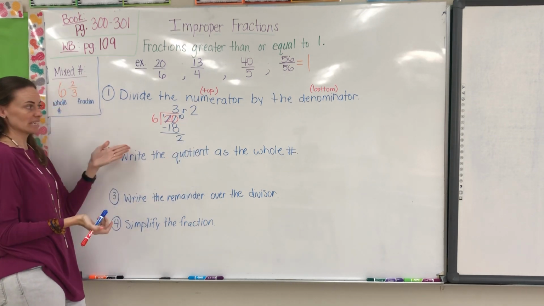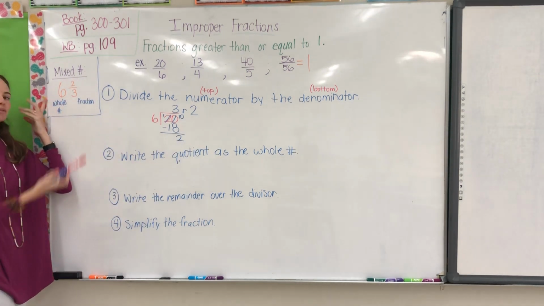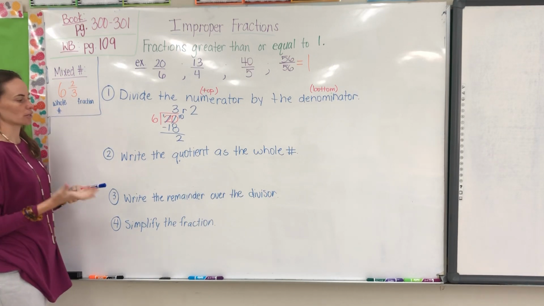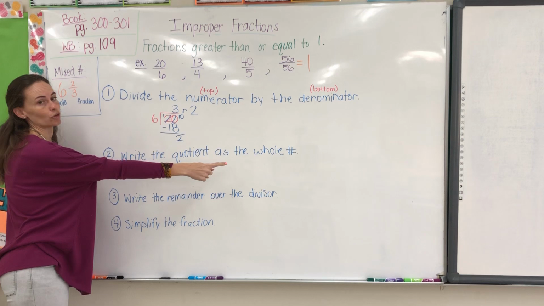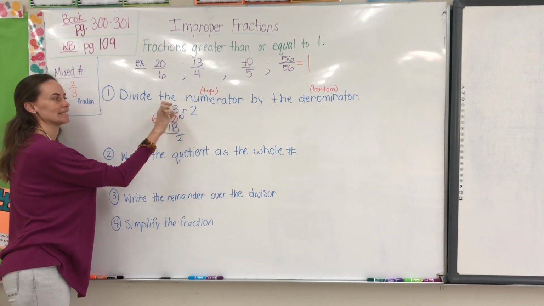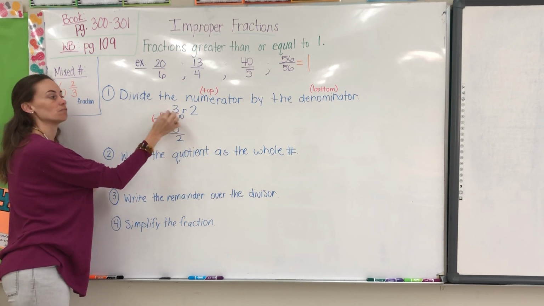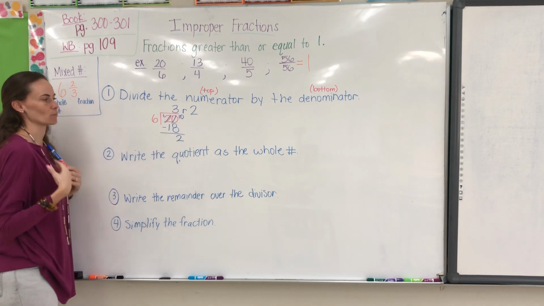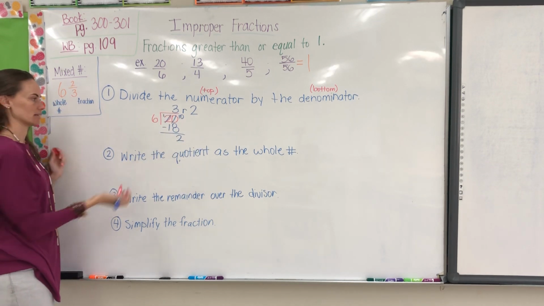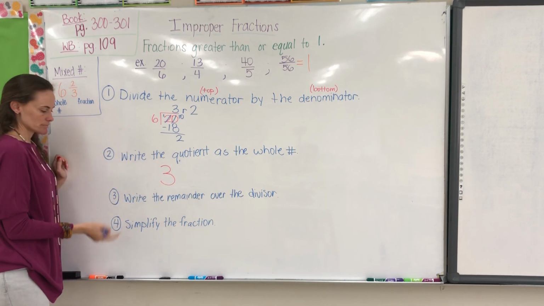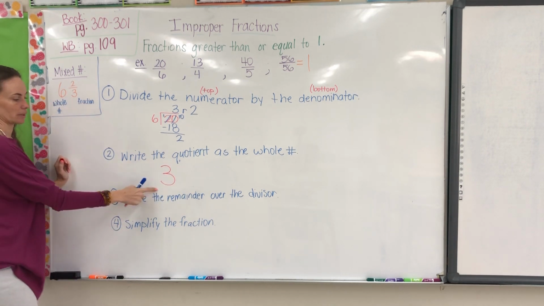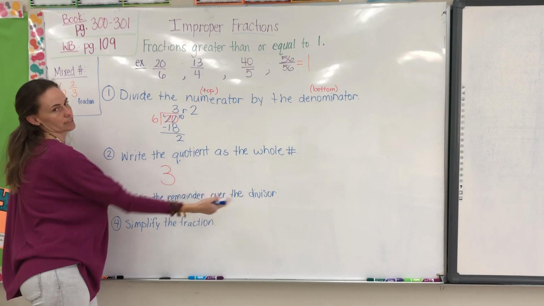Now, like I said, we're not done. We have to write it as a mixed number. So how do we do that? Well, the next step is to write the quotient as the whole number. Remember, the quotient is the answer, right, before the remainder. So how many times it went in equally or evenly? So for this one, our quotient is 3. Then we're going to write the remainder over the divisor.